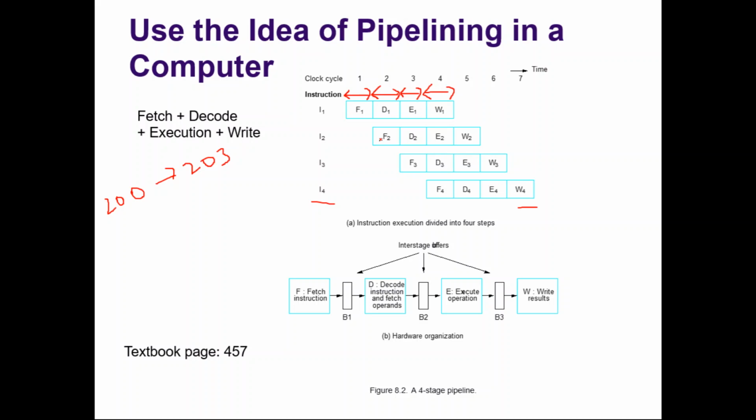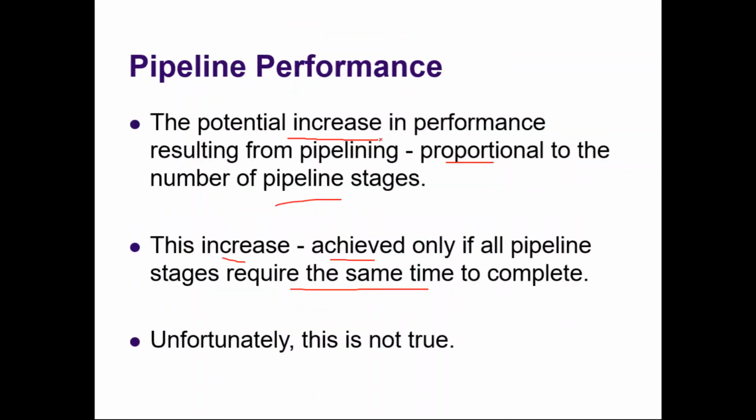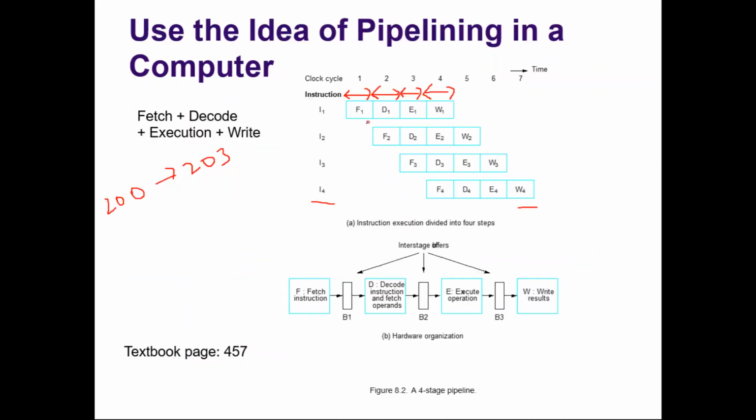But in reality that is not the case. Somewhere some mishap may happen. So that's what we are going to discuss next. The increase in the performance will be proportional to the number of pipeline stages if the execution is continuing in this order, that is, if each phase is exactly taking one clock cycle, and you continue like that for so many instructions.